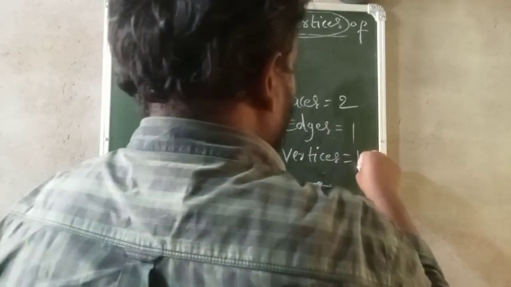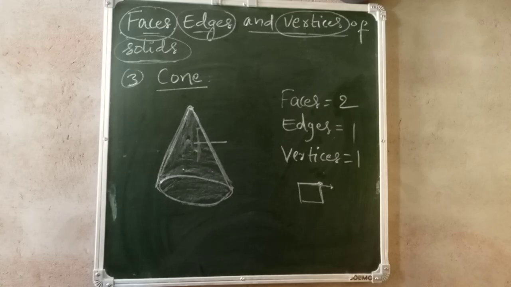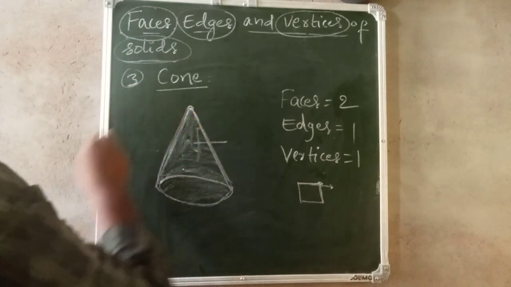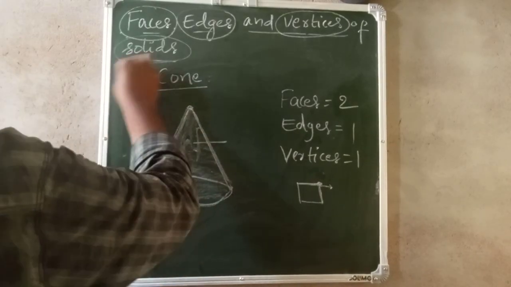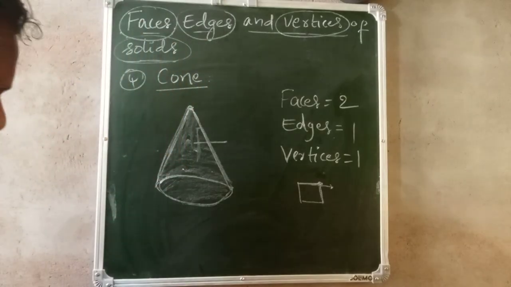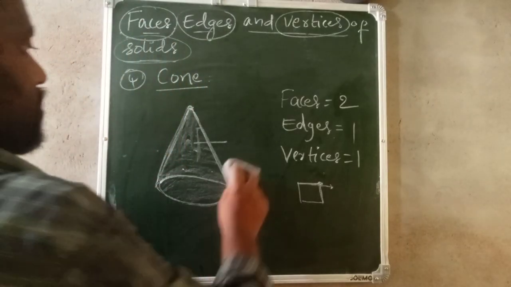We will write 1. So this cone is the fourth solid. Next, sphere. Fifth one is sphere.